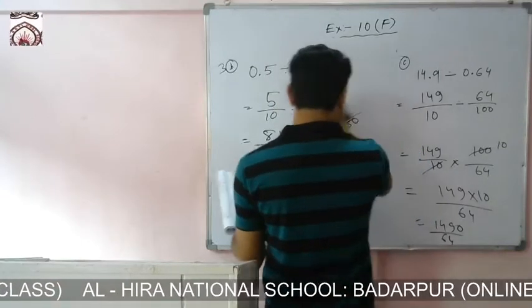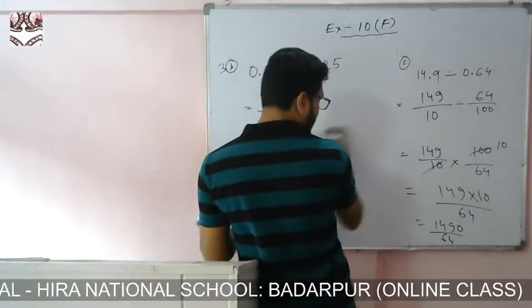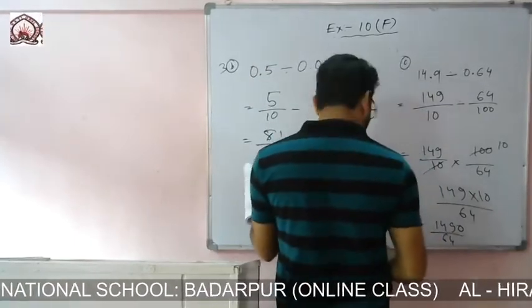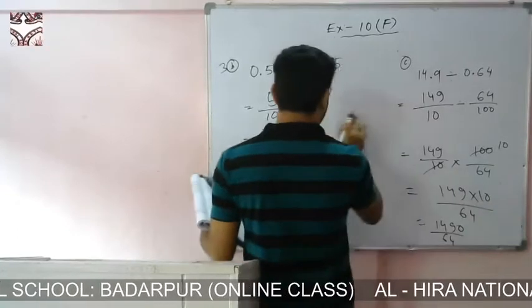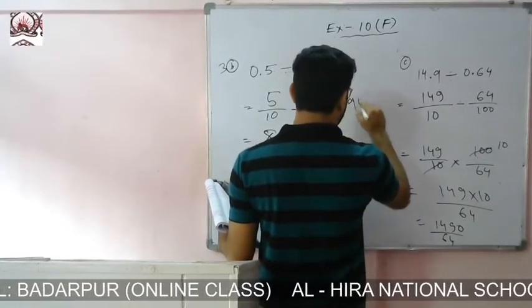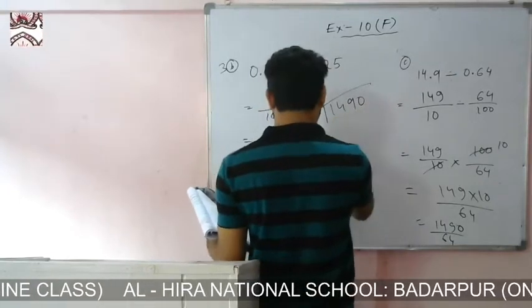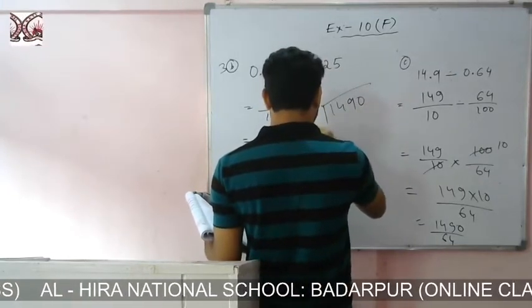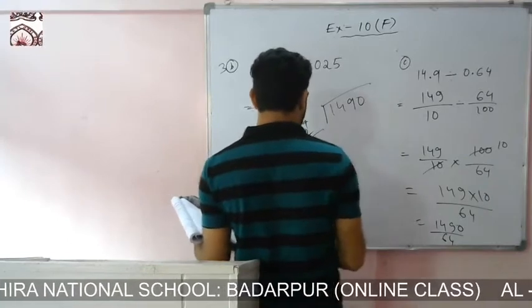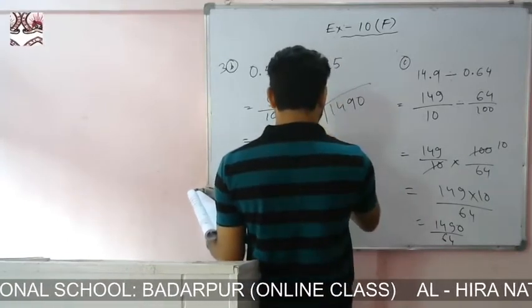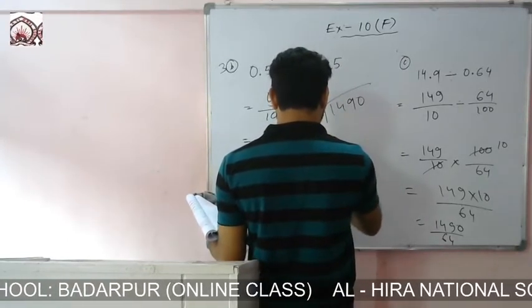Let us check again. 1490 with 64. If I take 149, then 64 into 2: 4 2s are 8, 6 2s are 12.